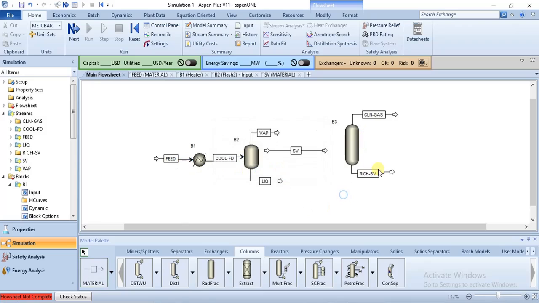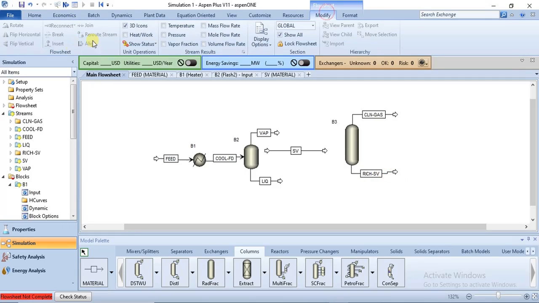So we have created the outlet streams for this particular column. Then we can connect the inlets as well. So you double click on this stream and you connect it to the inlet of that absorber, right?